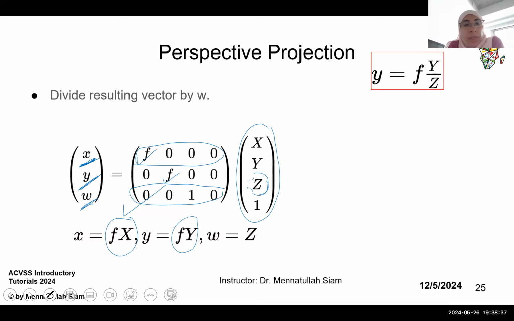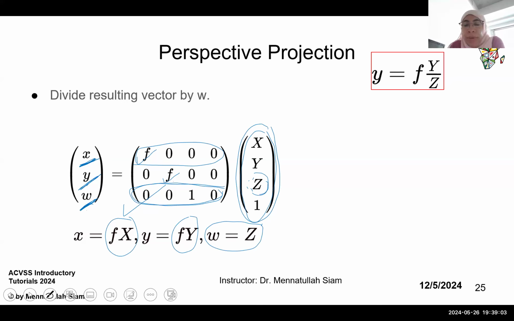But then omega, this is the last, the homogeneous coordinate component. This one is going to be this row multiplied by the full 3D world point. So omega is going to be equal to the z. Now, normally with the homogeneous coordinates, you always normalize, so you always divide by omega.